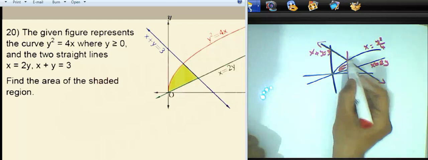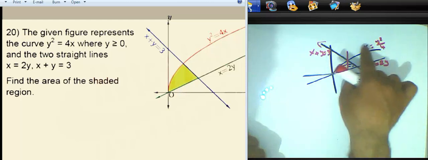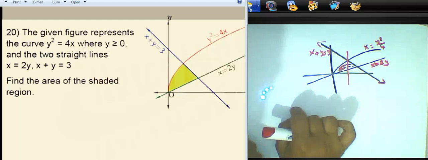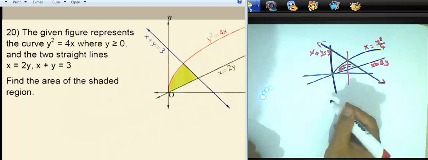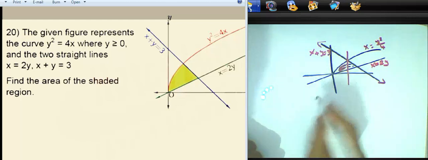To find the intersection between the curve and the straight line, we put x in this expression to find y squared over 4 plus y equals 3.